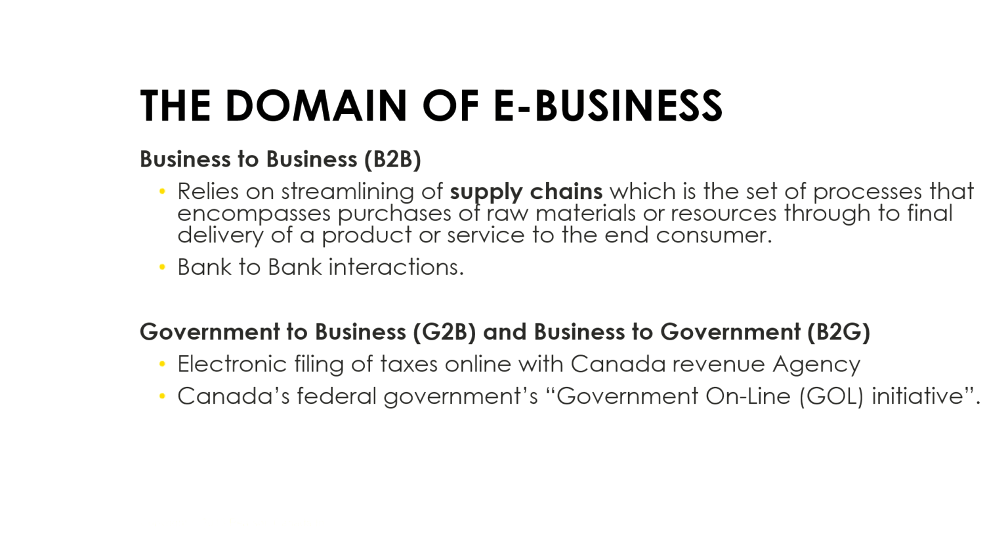B2B relies on streamlining supply chains, which is a set of processes that encompasses purchases of raw materials between two companies. And also government to business or business to government, B2G or G2B, right? Electronic filing of taxes online with the Canada Revenue Agency and Canada's federal government online initiative.